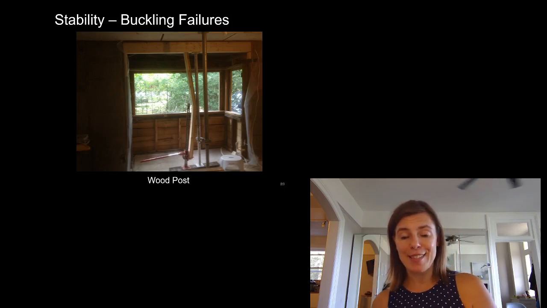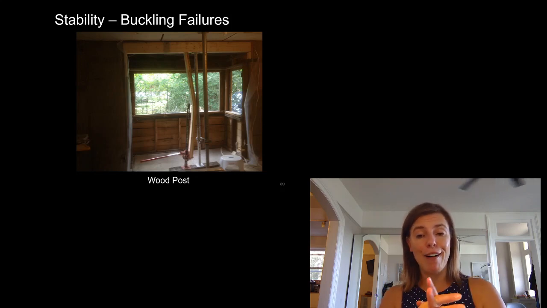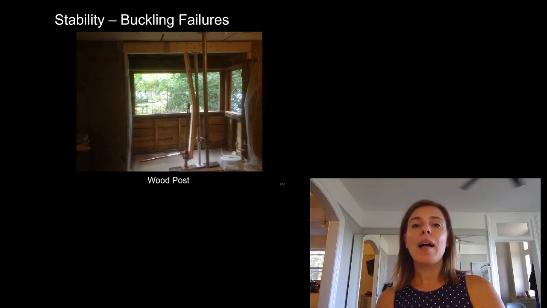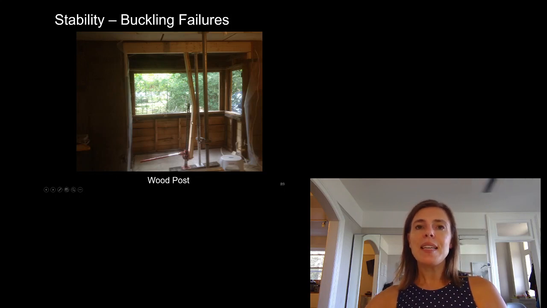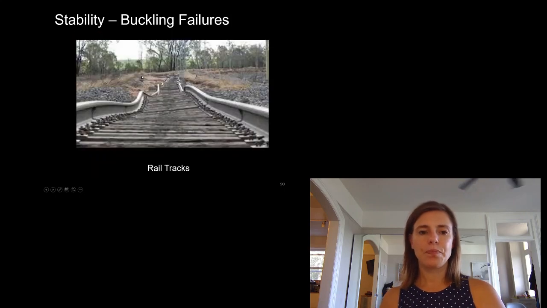The force that it takes to do that is really, really high, and we're going to talk about that later in the term. And what was really interesting is that it didn't take much force on our part. It just took this lever to turn that into a buckling force. But you can see here a buckling failure happened in this post.